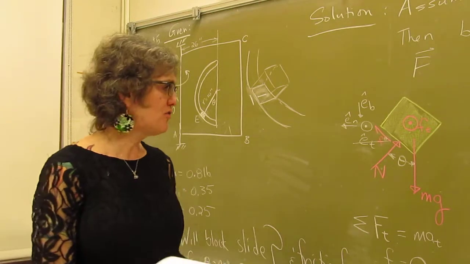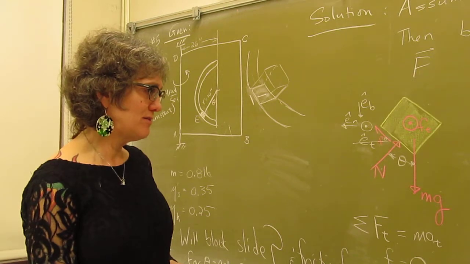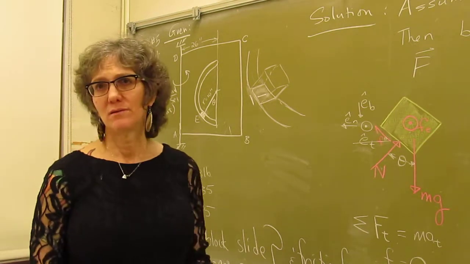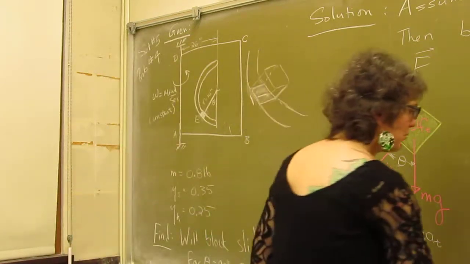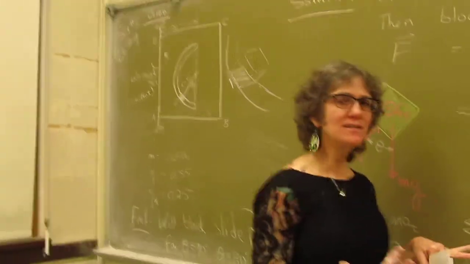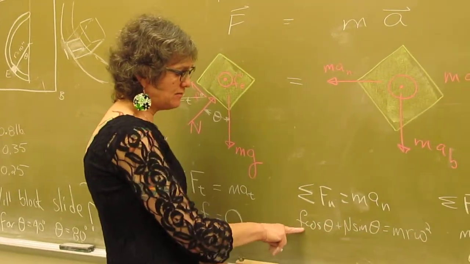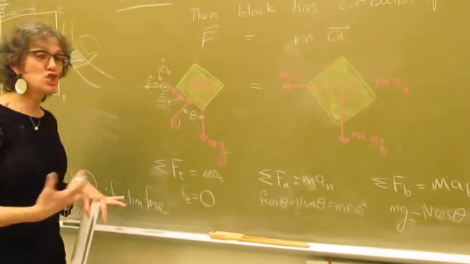Now that we've got these two equations in two unknowns, I feel like I'm done. Do you all agree? But I would want you to say something about it. You can solve for F and N from these two equations, and then check.